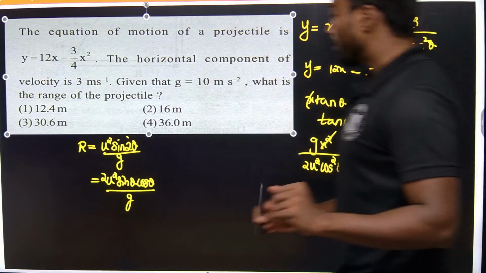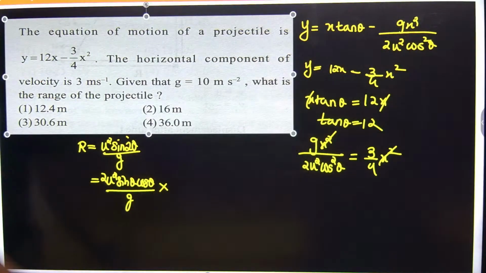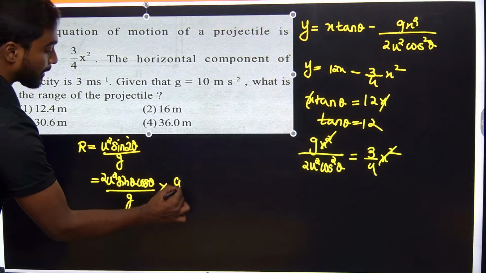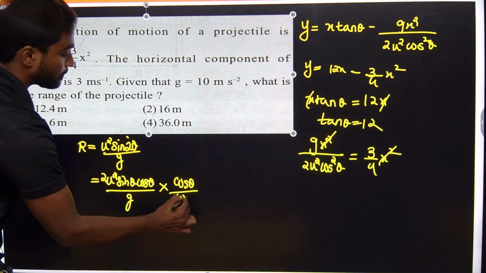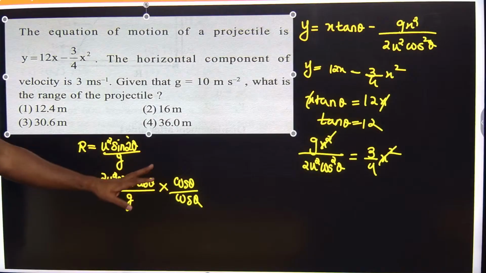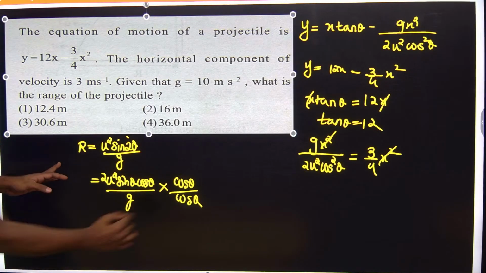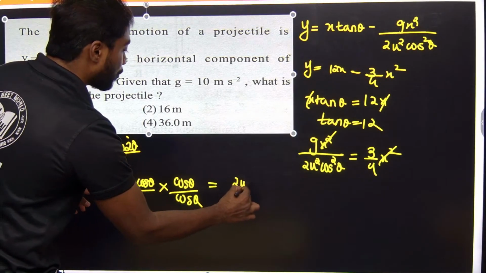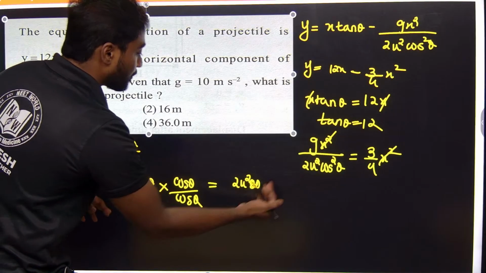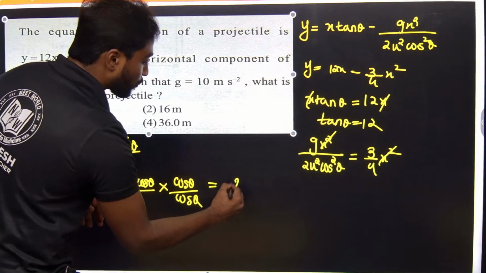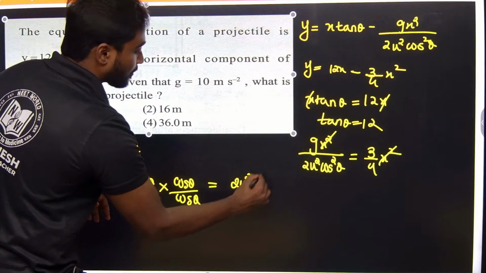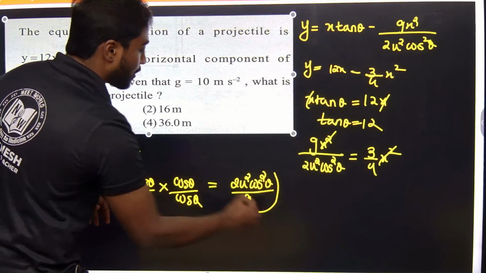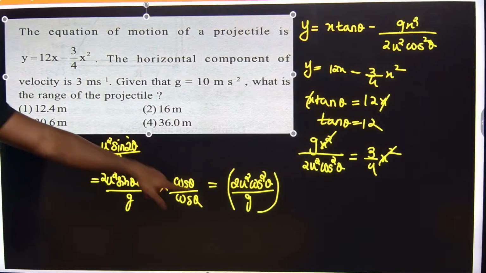Can I multiply and divide by cos theta? Both are the same. Now I can write 2u square cos square theta by g into sin theta, with one cos theta remaining.